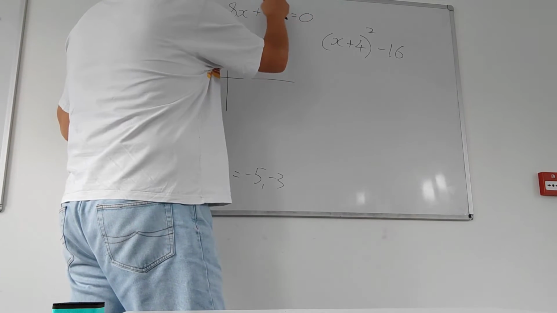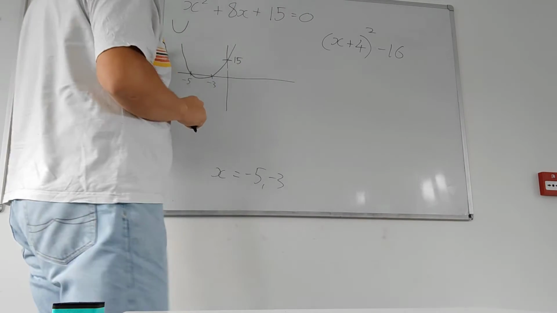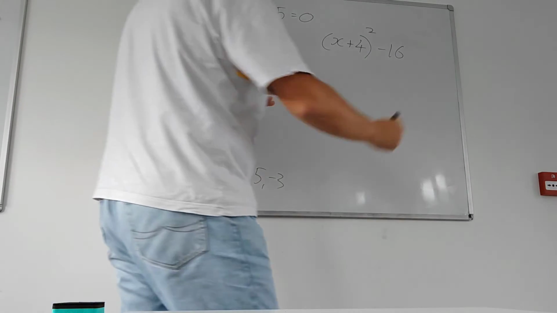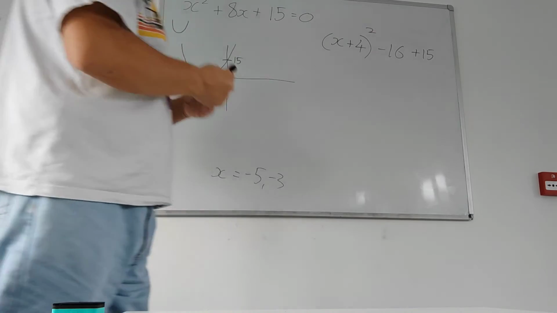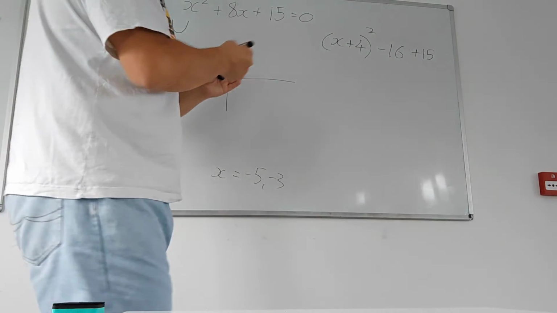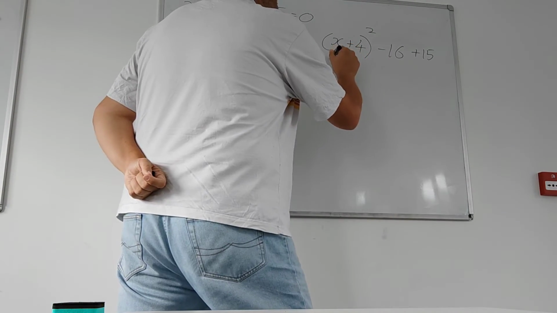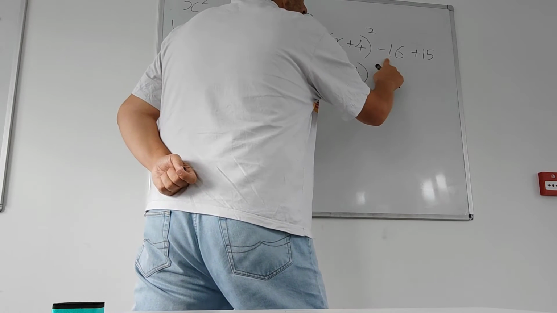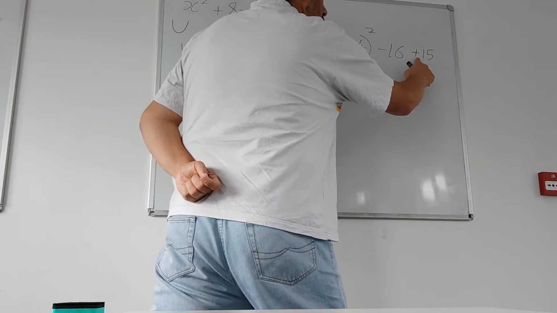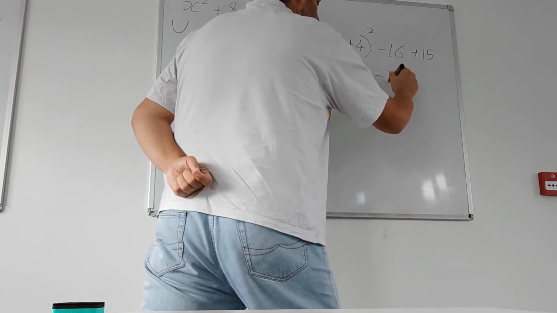I have not yet done anything with the plus 15, so that remains. And the final stage, before we start solving it, is simplify. Negative 16 plus 15 is negative 1.